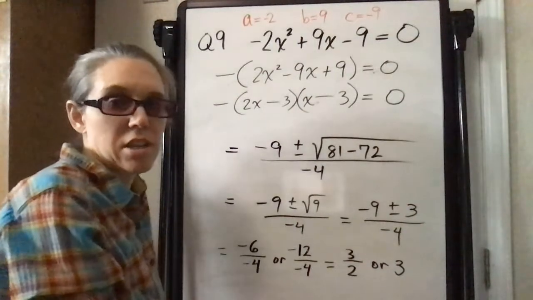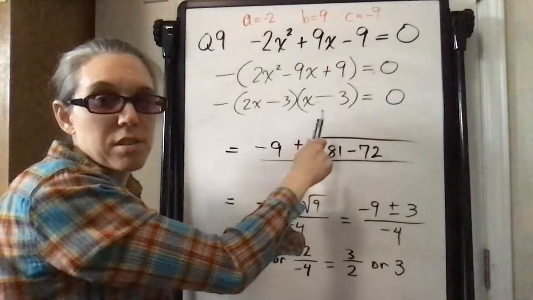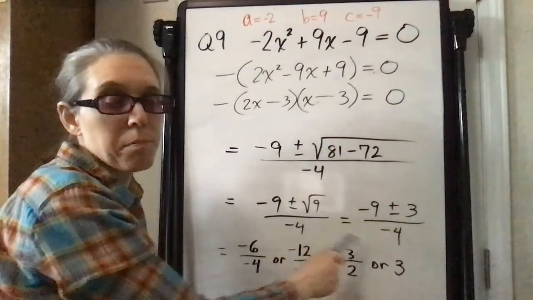And there's your factorization, and you can see then that this right here becomes a positive 3/2, and this is a positive 3, and that matches right here.